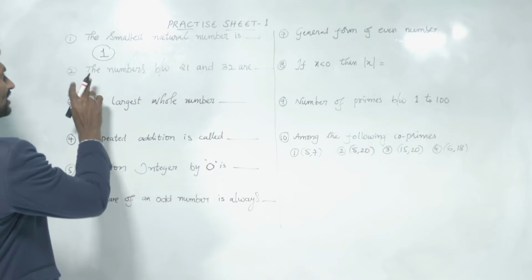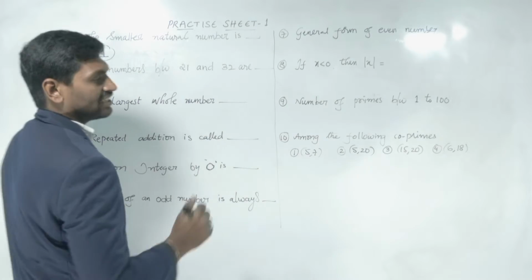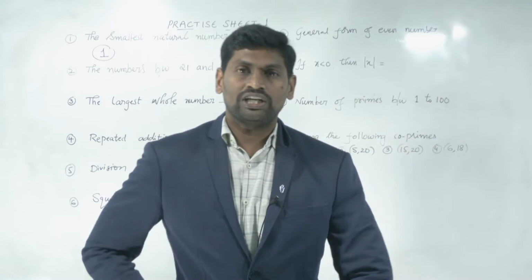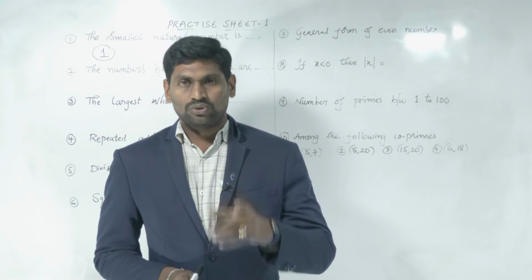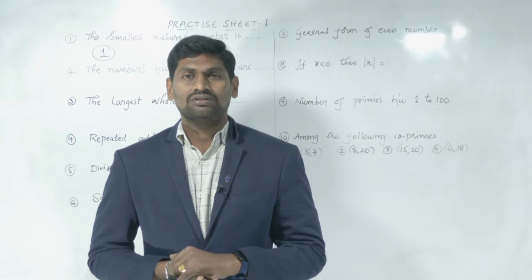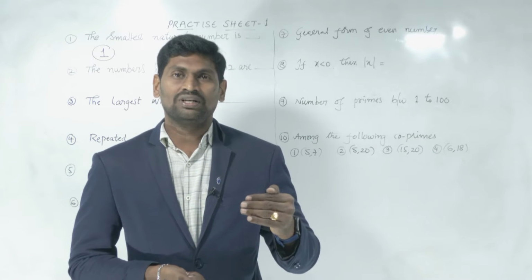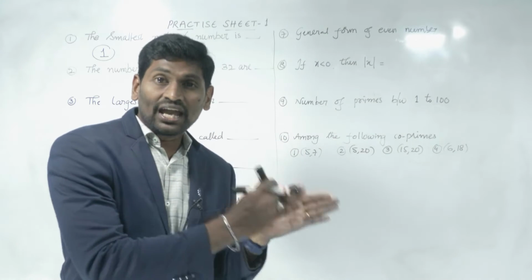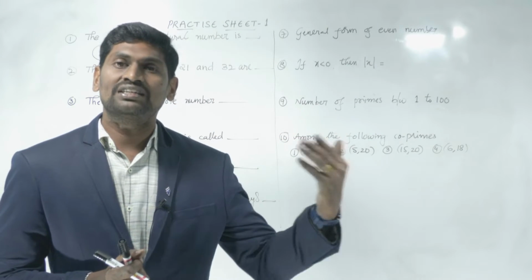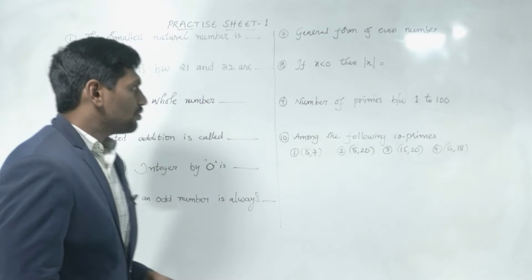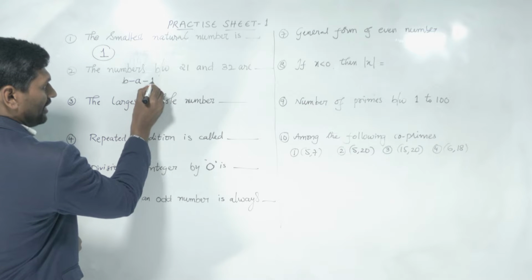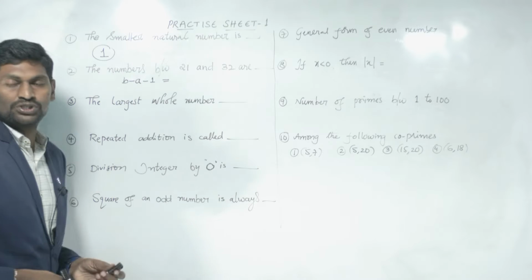Now coming to the second. The numbers between 21 and 32. I gave you the formula also. If A is a smaller number, B is a larger number, then the numbers between A and B are B minus A minus 1. Let us substitute.